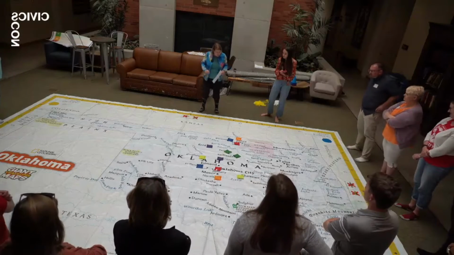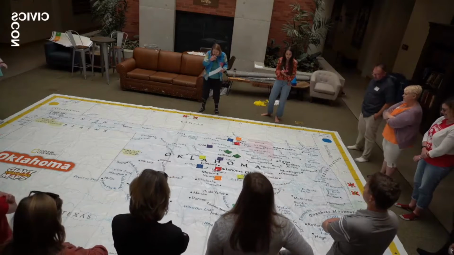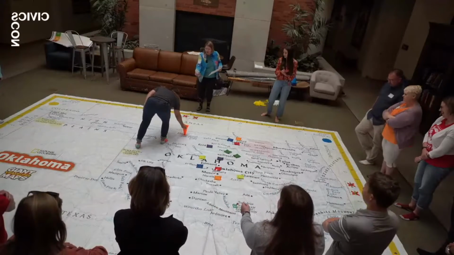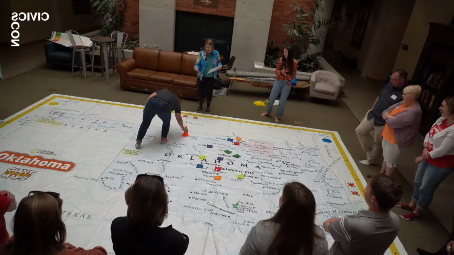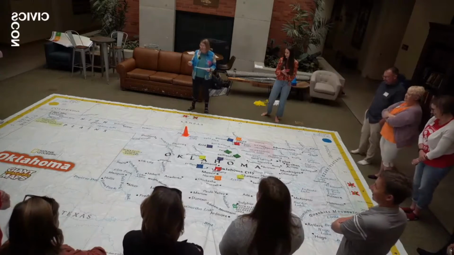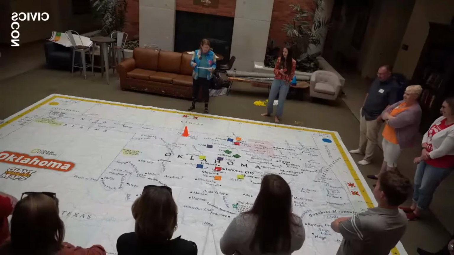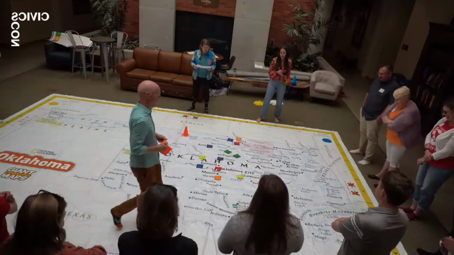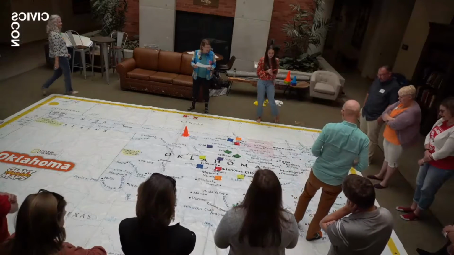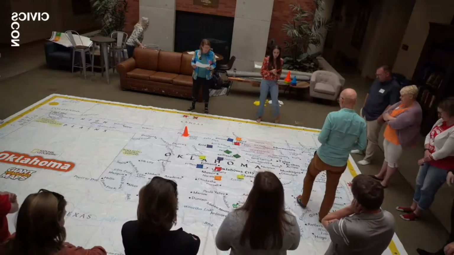Okay, Alva, is Alva on here? Alva, sorry. Other direction. There you go. Okay, we understand. Good job. Pawnee. East of Ponca City, like Osage Nation.